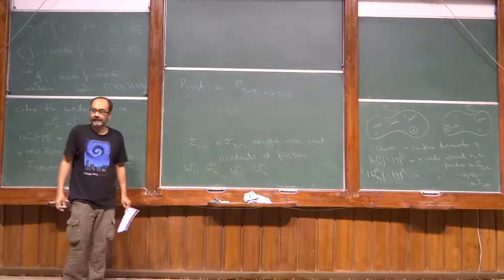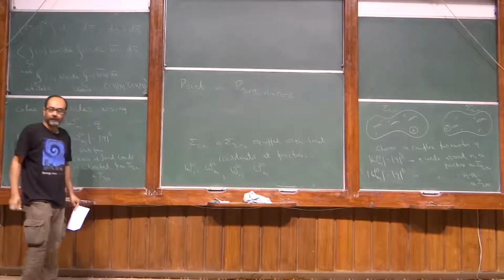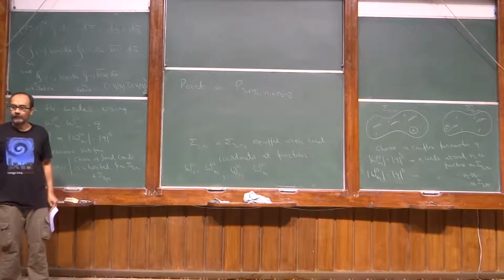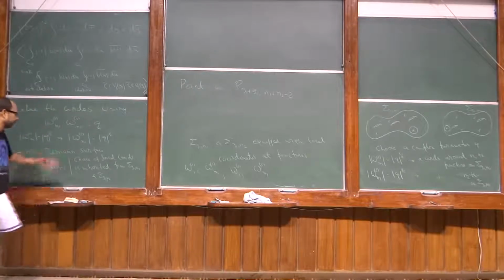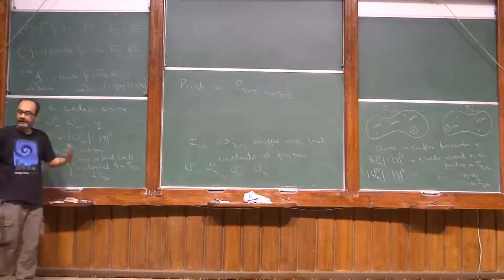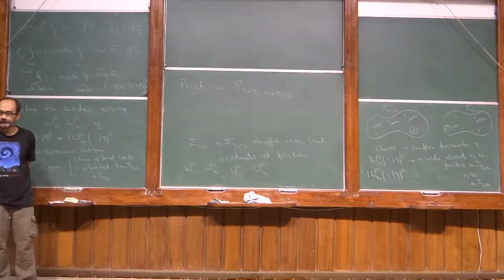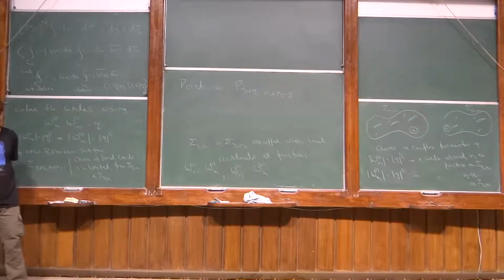Because at a point in P G1 plus G2 N1 plus N2 minus 2, we have information both about the moduli, about the Riemann surface, and the choice of local coordinates. And what we are saying here is that you not only get the Riemann surface but it also comes with a choice of local coordinate system. That's inherited from the parents, from the two Riemann surfaces that got glued. Is this one clear?